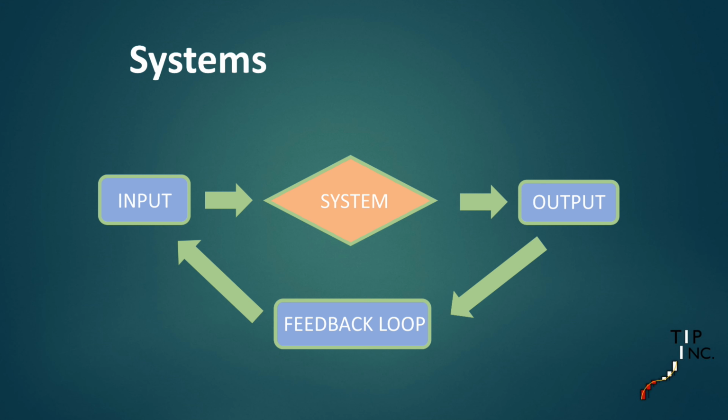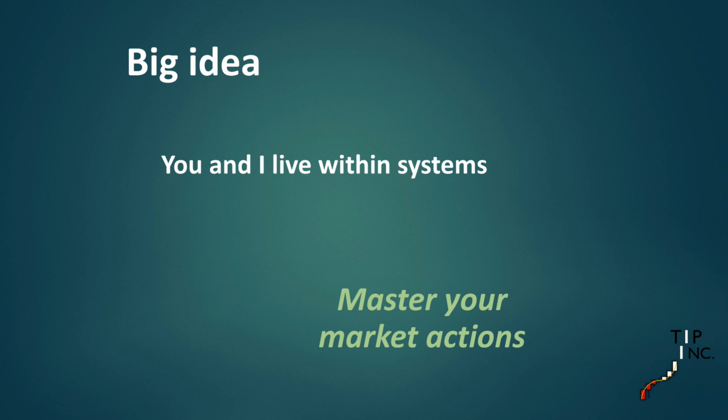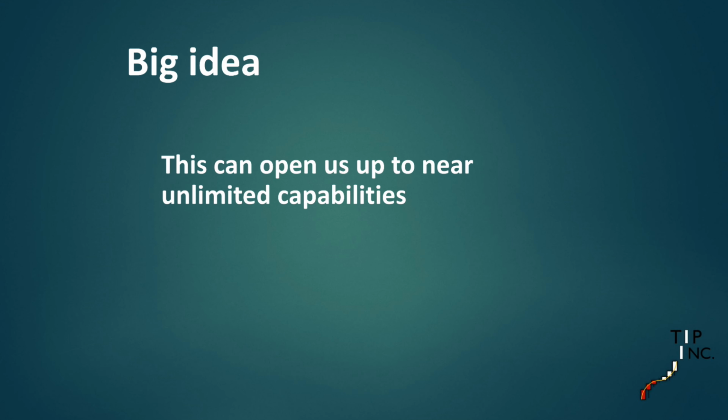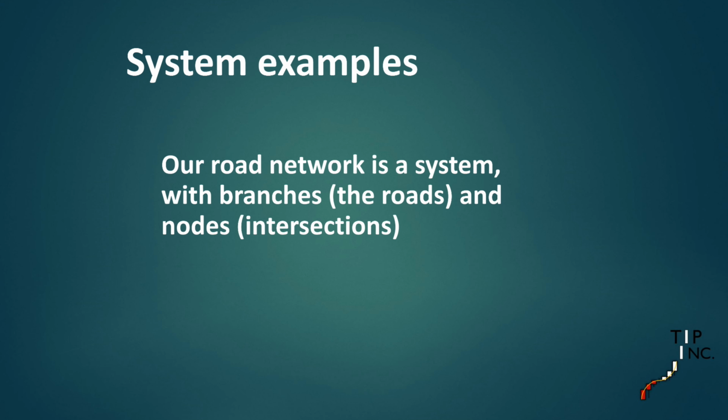We input data to a system, and then we get output. And based on our output, we can adjust our input, and that's called a feedback loop. Okay? And you and I live within many, many systems. When we learn how to operate the systems, this can open us up to near unlimited capabilities.